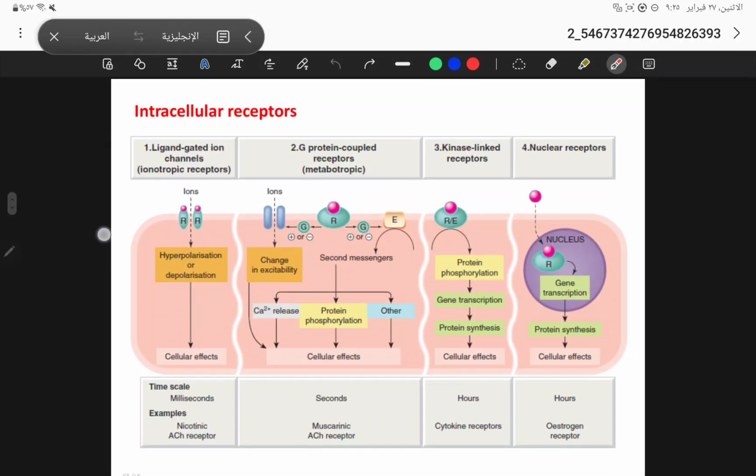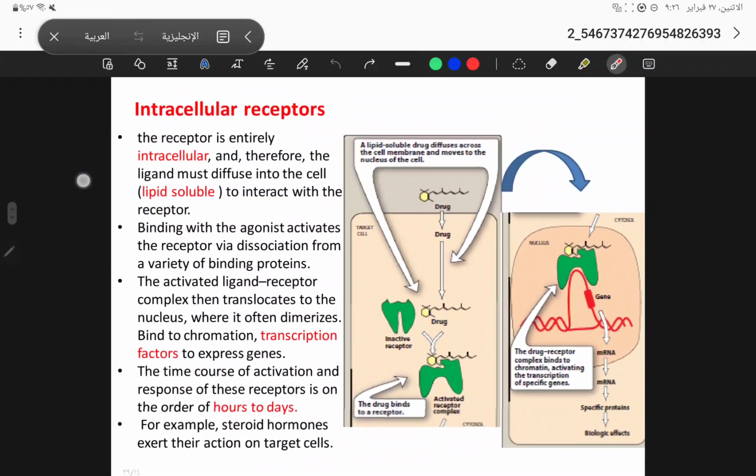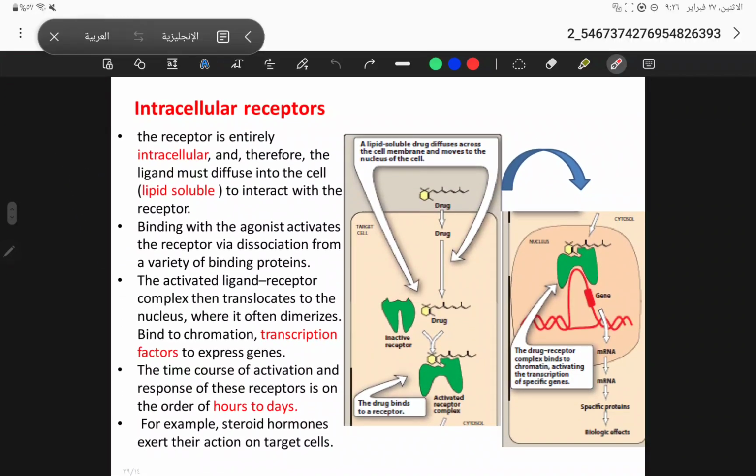Intracellular receptors. These receptors are entirely intracellular. I have no extracellular domain, never.